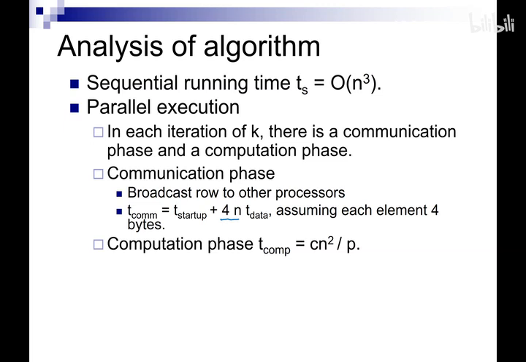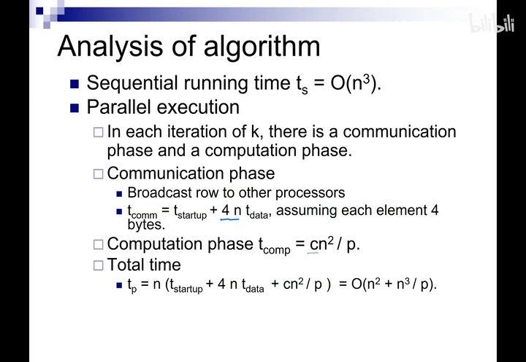The computation time is going to be, so we have n squared values in the matrix in total, and then you evenly divide that among the p processors. So each process has n squared divided by p values. And let's say that c is like some constant here, the amount of time to do a computation. So the computation time is going to be this n squared divided by p.